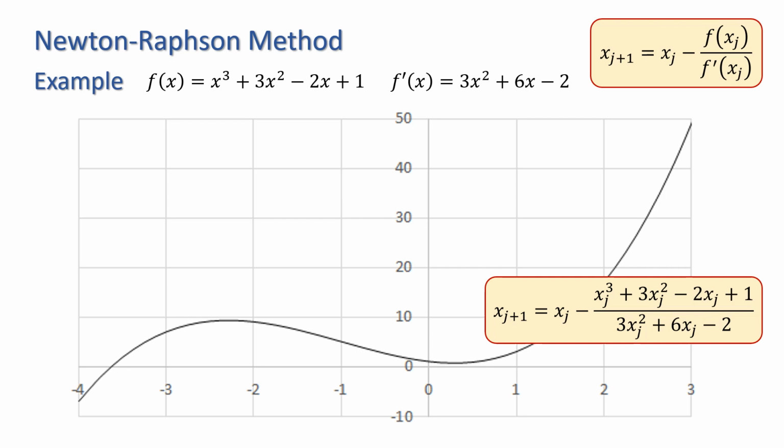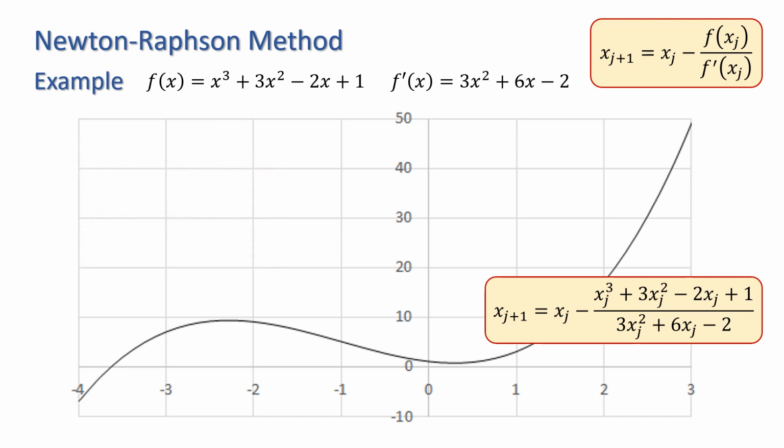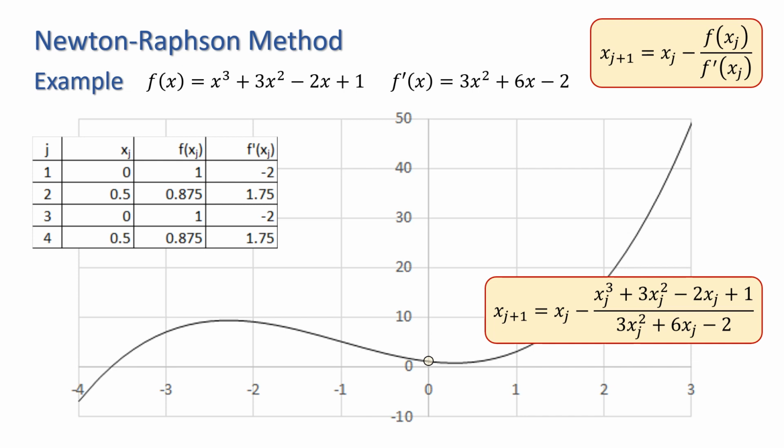If we take a well-chosen starting value, say x equals minus 4, then this converges as we would expect. The table shown here shows the result of 5 iterations. However, if we start, for example, at x equals 0, we find that the formula just iterates between the two values x equals 0 and x equals 0.5 and never converges.